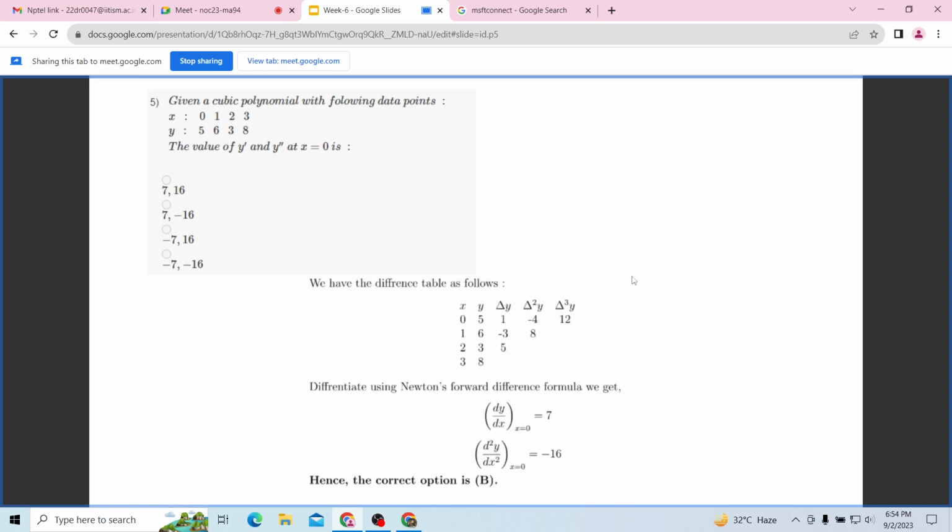So we have the difference table as follows. Just write the x values and y values. Next, calculate the del y.